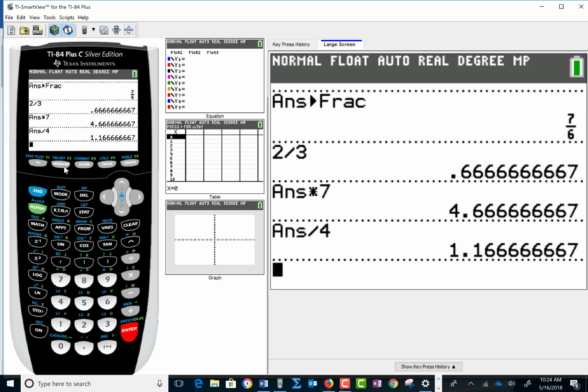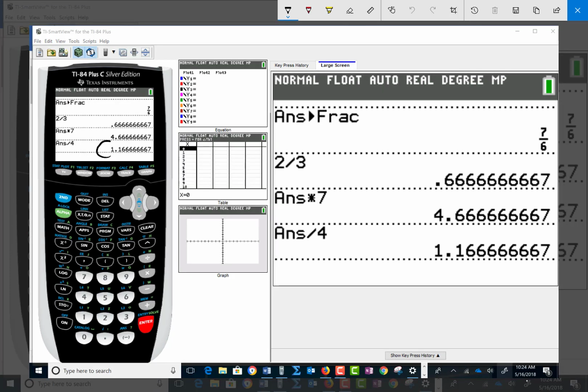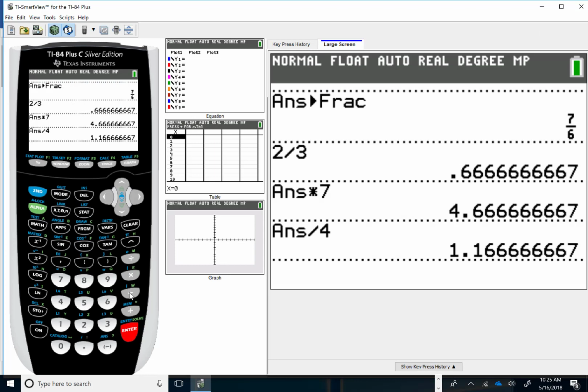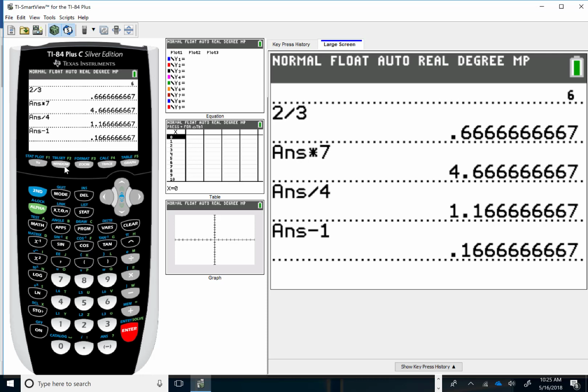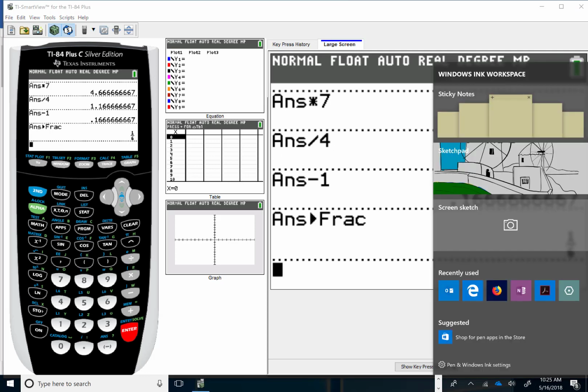The way you're going to have to do this is you're going to need to remember that it has a 1 in the front of it. So your answer is going to be 1 and something. So what you're going to do is subtract the 1 off of it to be left with the decimal part of it, and then you're going to hit math, enter, enter. So if I needed a mixed number for this one, the calculator now gives me the 1/6.